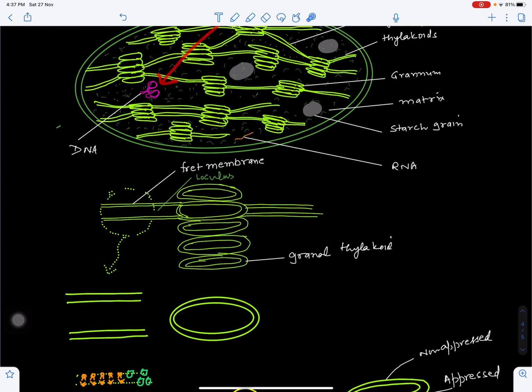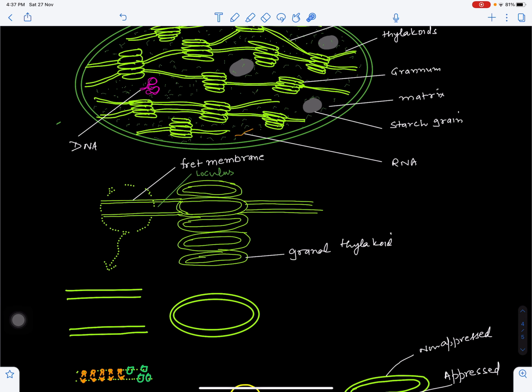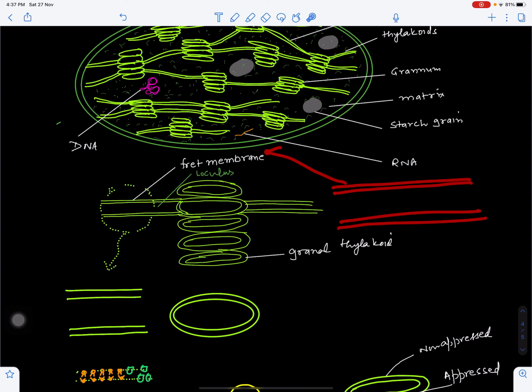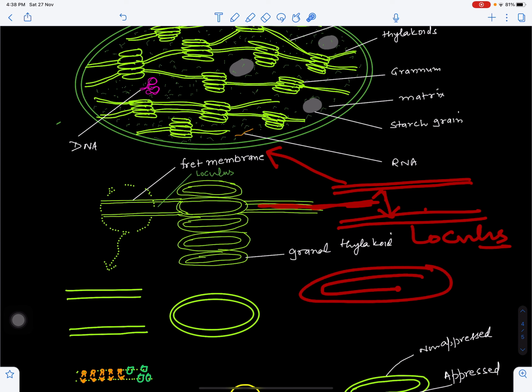Now if we see the detailed structure of the thylakoid, each thylakoid is like this, right? This is bounded again by a membrane, and this membrane is called the fret membrane, and this is the chamber, like here, this part is called the loculus. And the part of this thylakoid which forms the granum, like this part, is called the granum thylakoid.